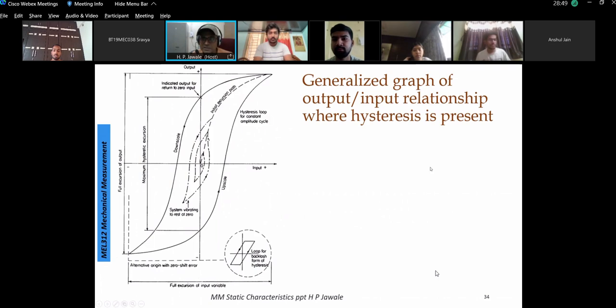Okay. Then this is a generalized graph for the input-output relationship where hysteresis is present. The hysteresis loop for constant magnitude cycles: upscale reading, then downscale reading, then coming back again. And in this way, you can see now the full extension of the input variable can be found out. This graph I had taken from the Handbook of Mechanical Measurement.